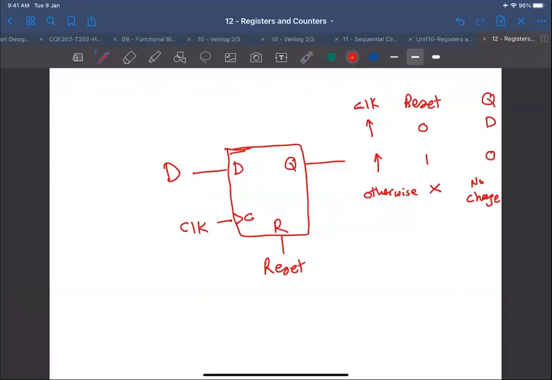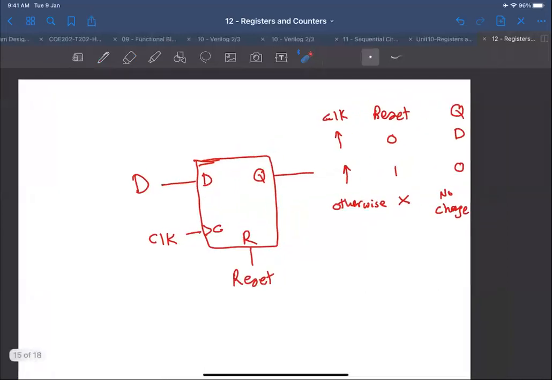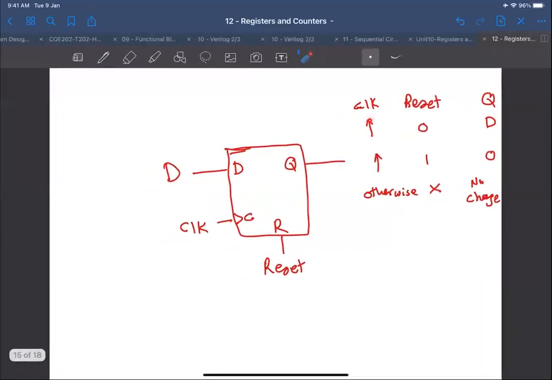If we draw the reset like this, then it is asynchronous. However, if we want to have a synchronous reset, like this table here, for example, if we have the clock edge and my reset is 0, then my Q gets D. However, if we have a clock edge and my reset is 1, then my Q gets 0.